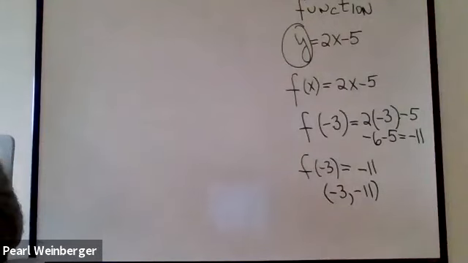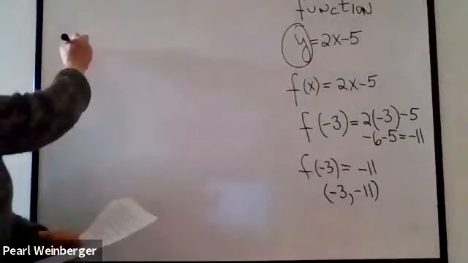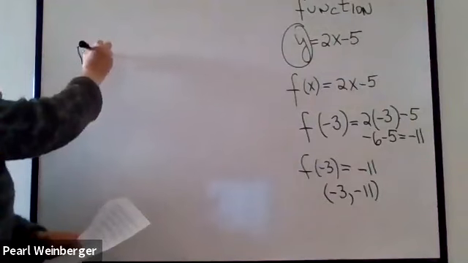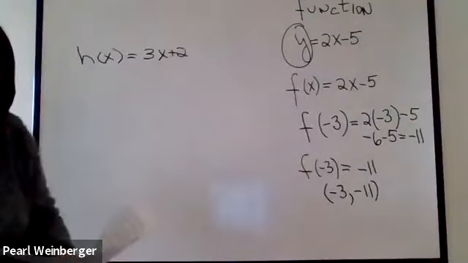This is a little bit harder. H of X is equal to 3x plus 2. It's called a linear function.